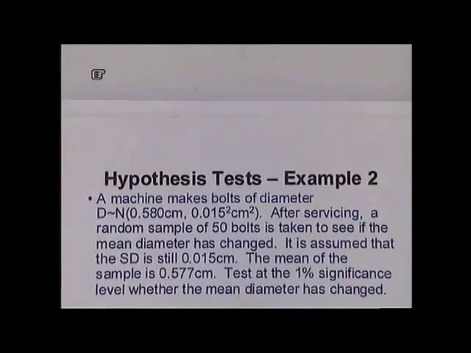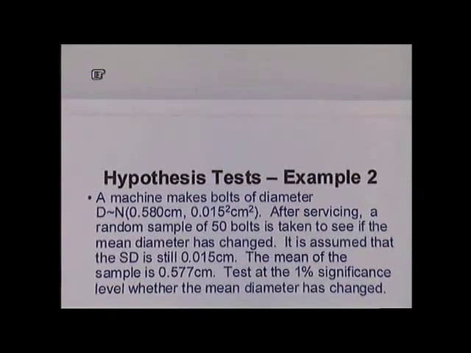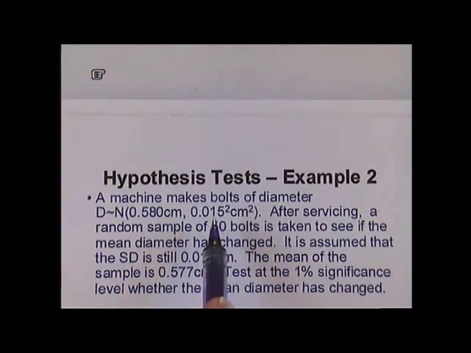Okay, the second example, again, you can cut and stick. This time we've got a machine making bolts. We know that the diameters of the bolts coming off this machine are normally distributed with that mean and that variance. How do we know that? The great god of statistics has told the person making the question. We just don't query that at the moment.